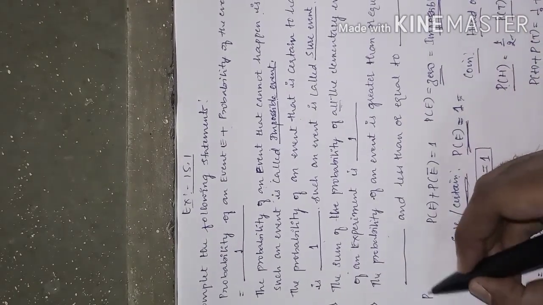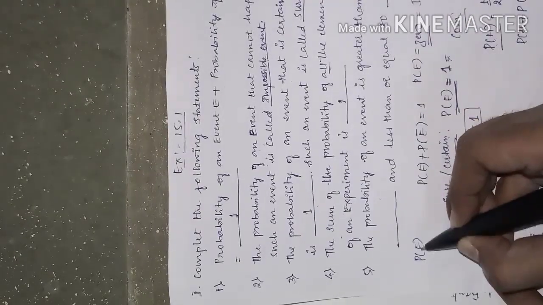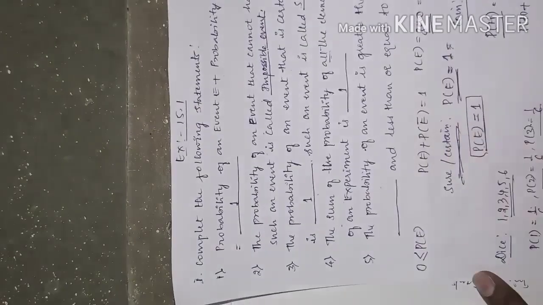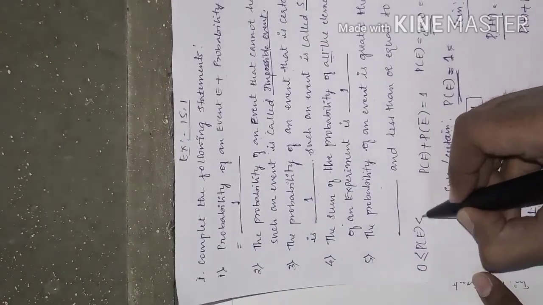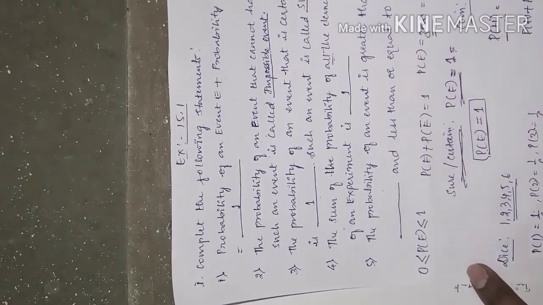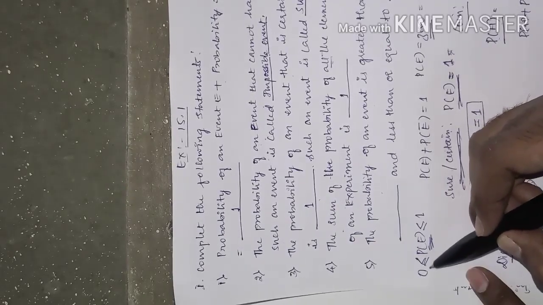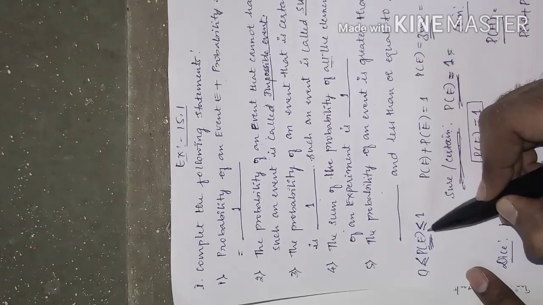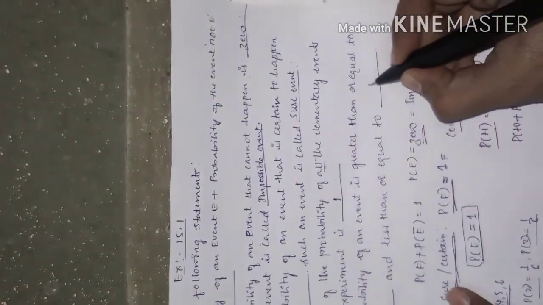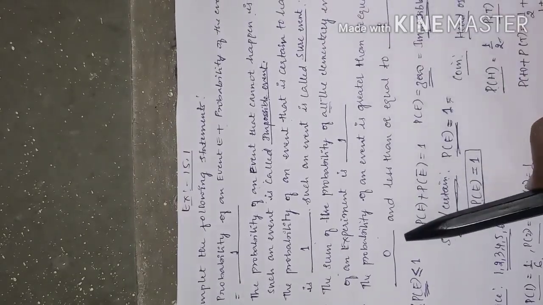The probability of an event is greater than or equal to 0 and less than or equal to 1. So 0 and 1 is the answer.